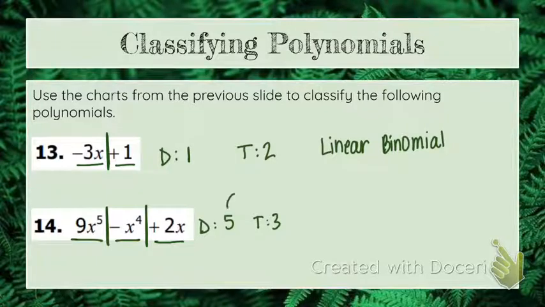The word for a degree of 5 is quintic, quintuplets. The word for 3 terms is trinomial because tricycles have 3 wheels. And so this one is called a quintic trinomial.